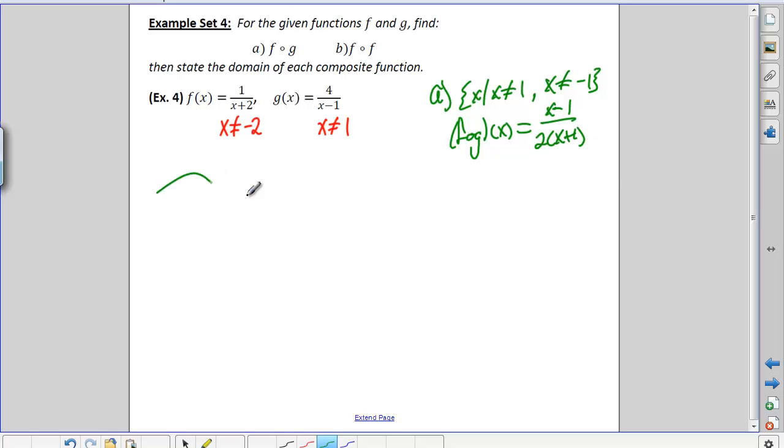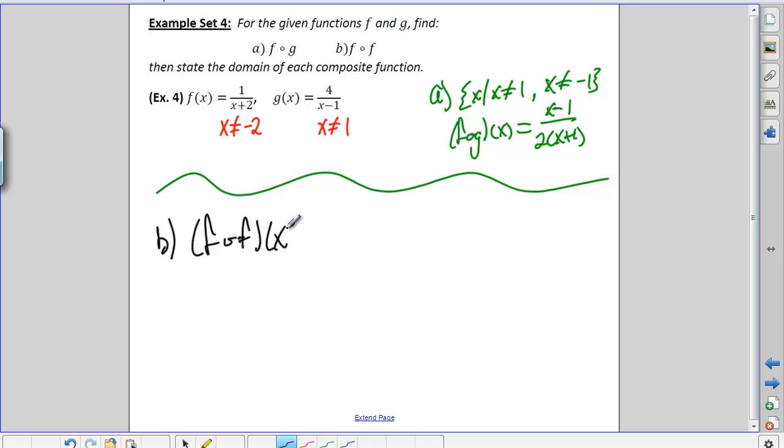Okay, so let's do part B. This is f of f. So we're plugging the f function into itself.